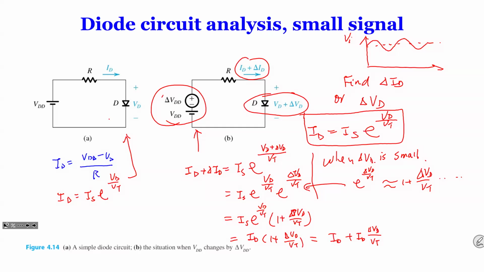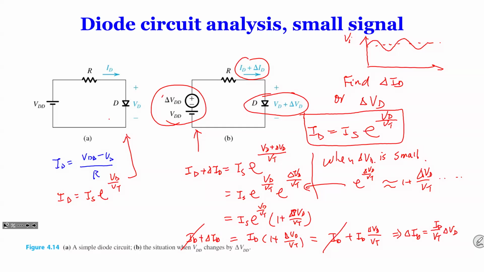So you compare the right hand and the left hand of the equation. This ID will cancel. Then we will get delta ID equal to ID over VT times delta VD. So this is what we get.